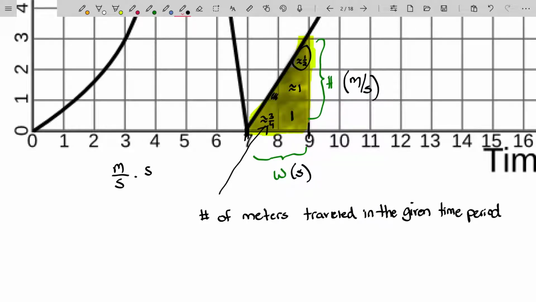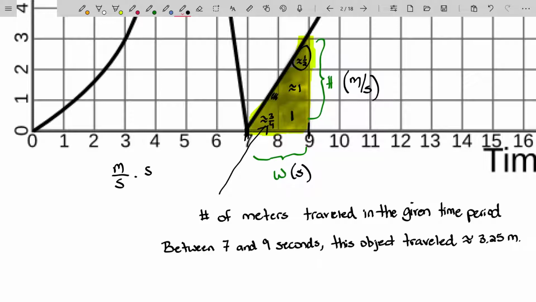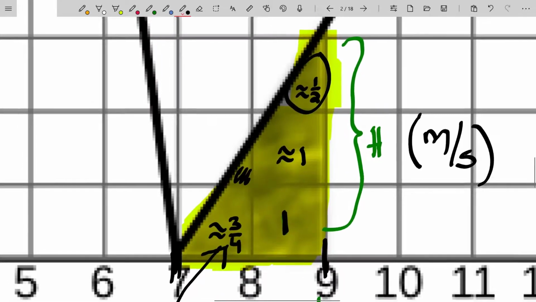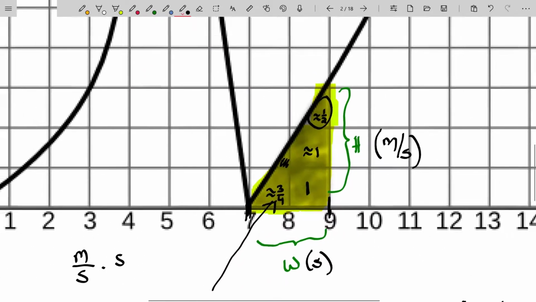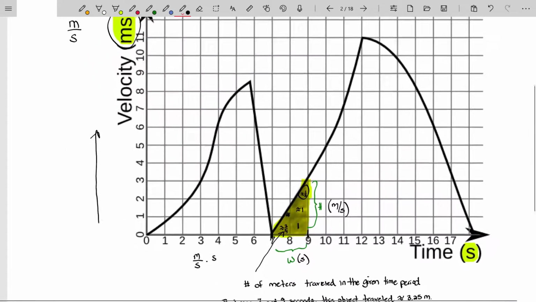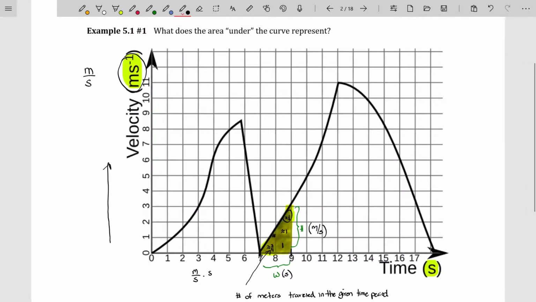And in this case, we know that between 7 and 9 seconds, this object, whatever we're talking about, has traveled roughly 3.25 meters, because again, we just approximated those areas, and the area is representative of the number of meters covered by this object. This is kind of the basis of what we're going to be doing, not only in this series of videos, but actually all throughout the rest of calculus.